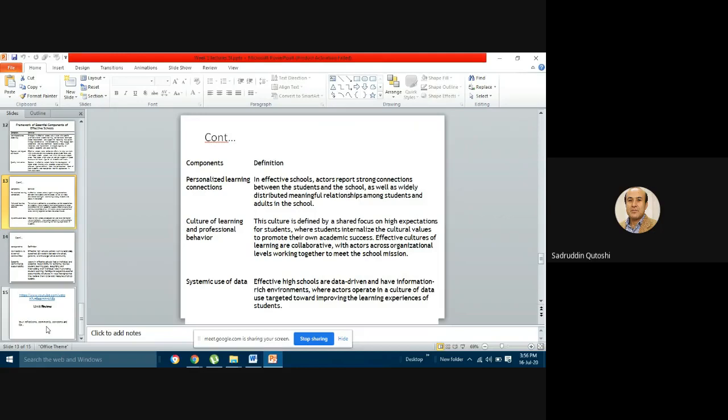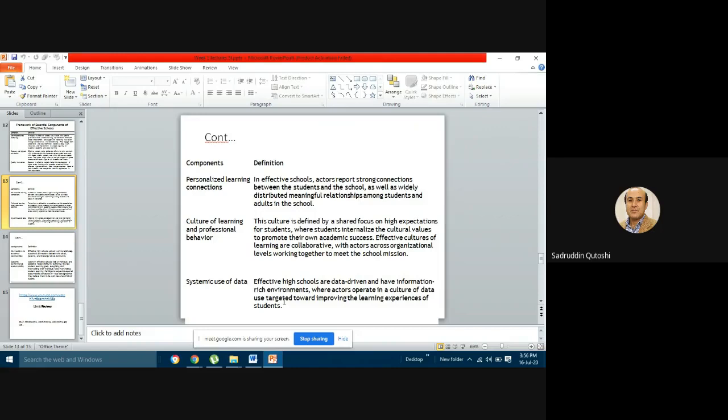And finally, when you look at this particular component, systemic use of data, what kind of data you are using in your school? Effective high schools are data driven, and they have information rich environments.